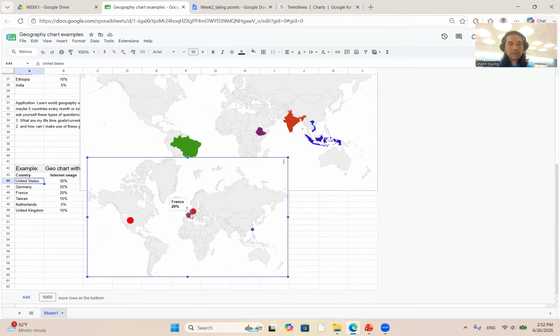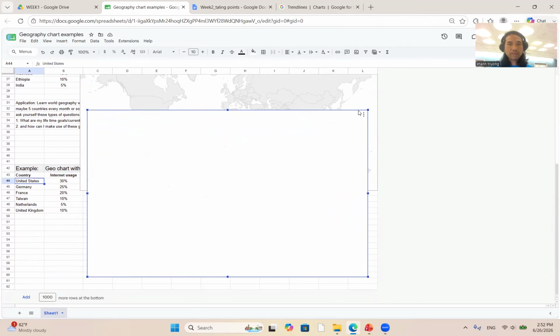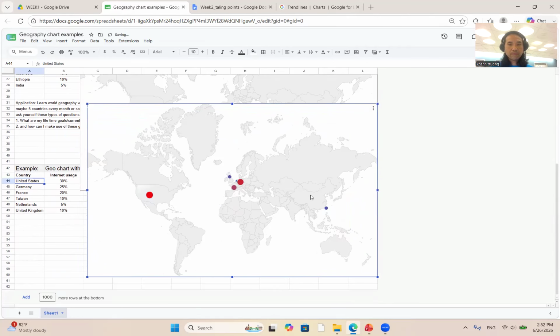United States, France, Taiwan. Okay, so those are the graphs.